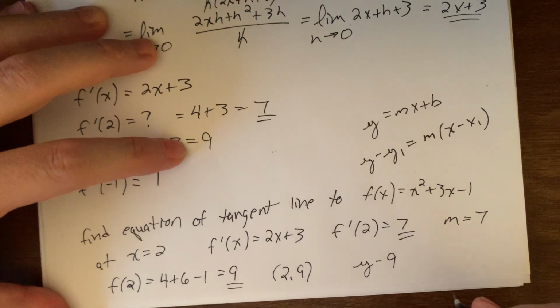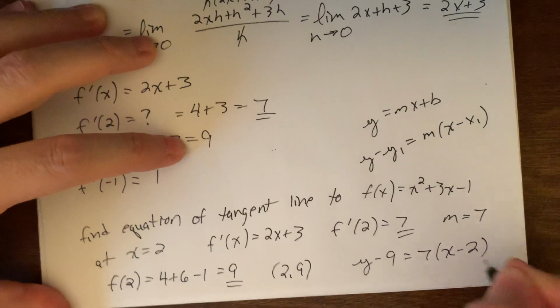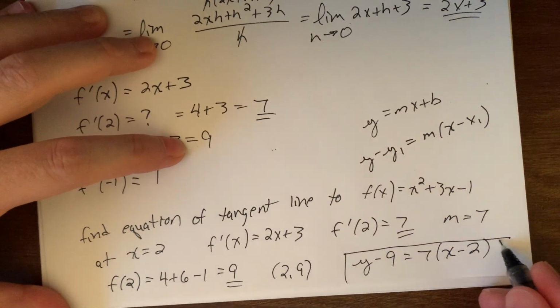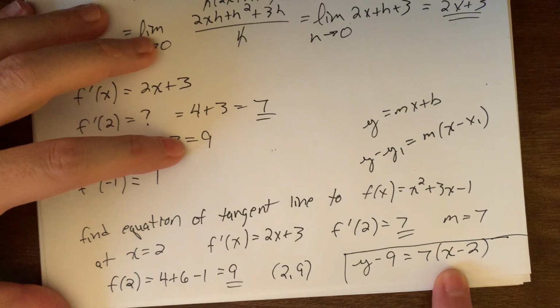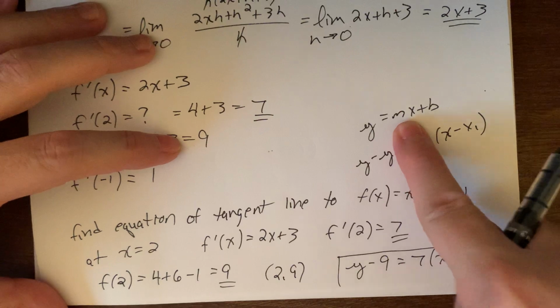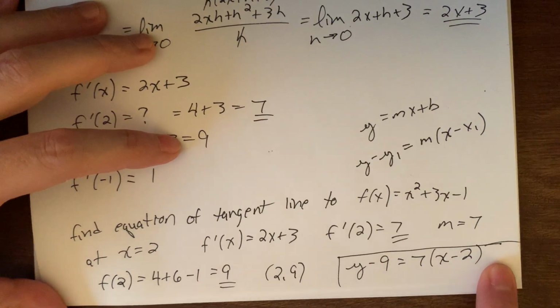Y minus the y coordinate equals m times x minus the x coordinate. To be perfectly honest, everybody, I know the book, when they ask these questions and you check your answer in the back, they will put that into y equals mx plus b. It's not that hard, right? Distribute the 7, add the 9 to the other side.